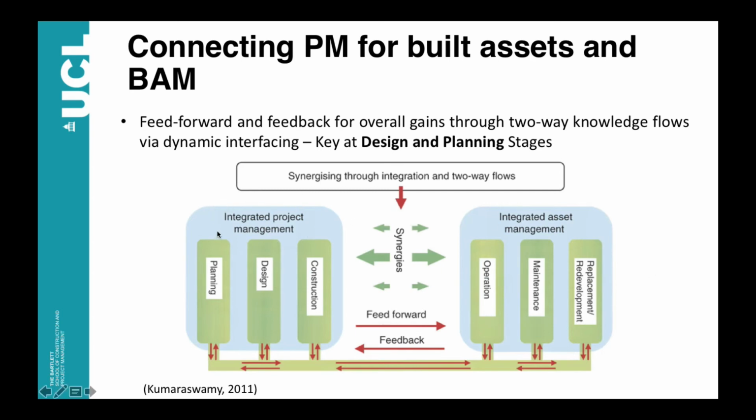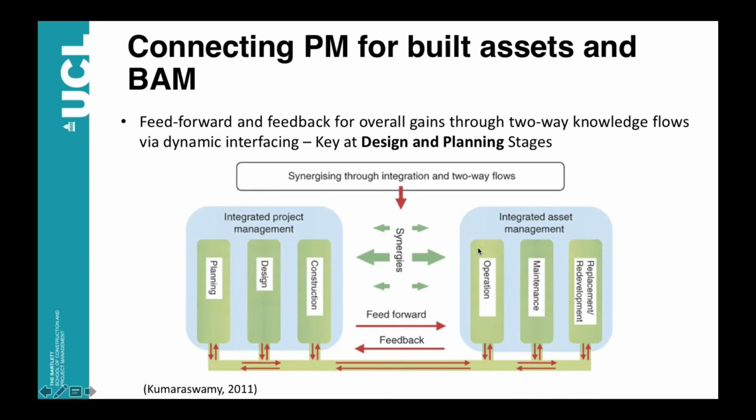As we can see, here we talk about integrated project management because between the different stages of project management, the information flow is both ways. But even more important is the feedforward and feedback that we are establishing between project management and asset management. And also, how is the communication flow between the different stages of asset management.